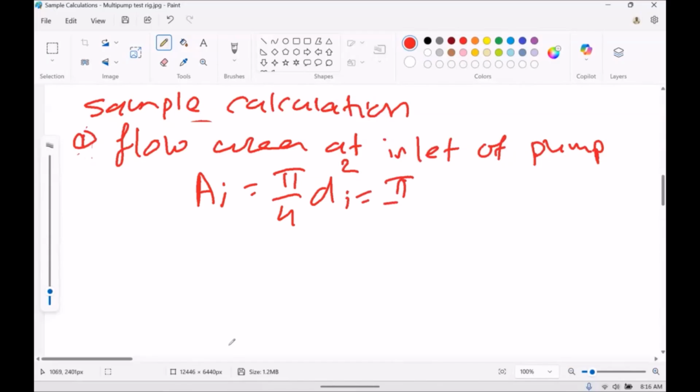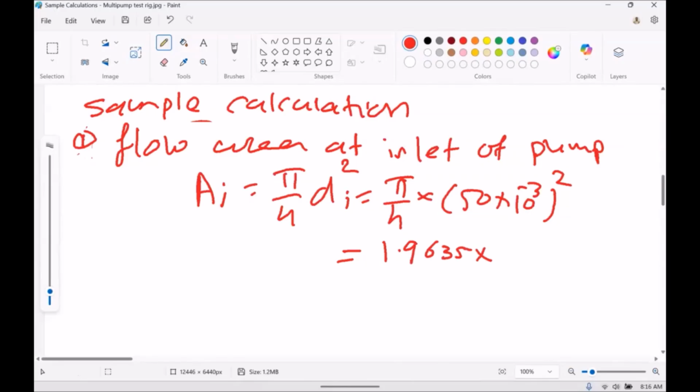Put the values: pi by 4, di is the inlet diameter of the pump and it is given to you as 50 milli, milli is not allowed, 10 to the power minus 3, square. Here you will get the area 1.9635, write 4 digits, times 10 to the power minus 3 meter square.